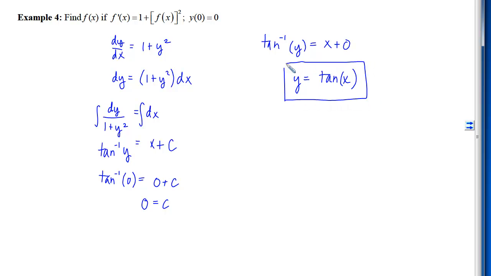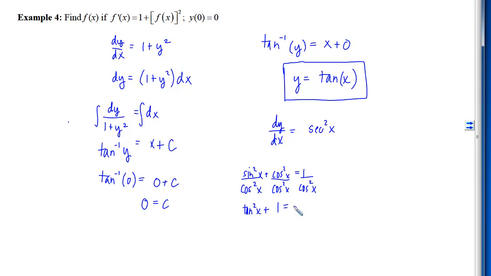To double check this, I could take the derivative and get dy dx equals secant squared of x, and we can remember from our trigonometry days that sine squared plus cosine squared equals 1, which means if I divide everything by cosine squared, I'm going to get sine squared over cosine squared, which is tangent squared, plus 1 equals secant squared.